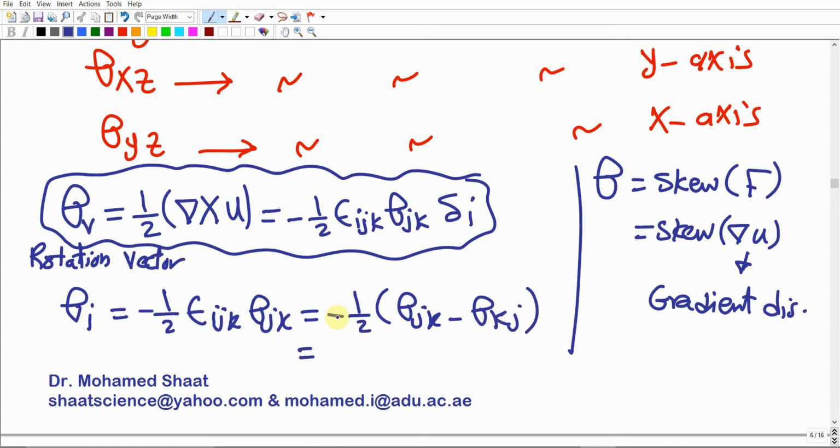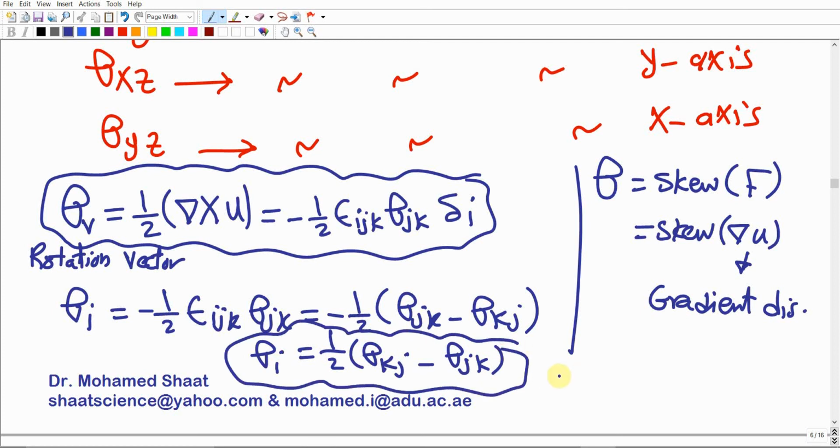Or in other words, multiplying the negative inside, it's going to be 1/2 theta kj minus theta jk. Make sense? This is going to be the theta i vector. So these are the components of the rotation vector.